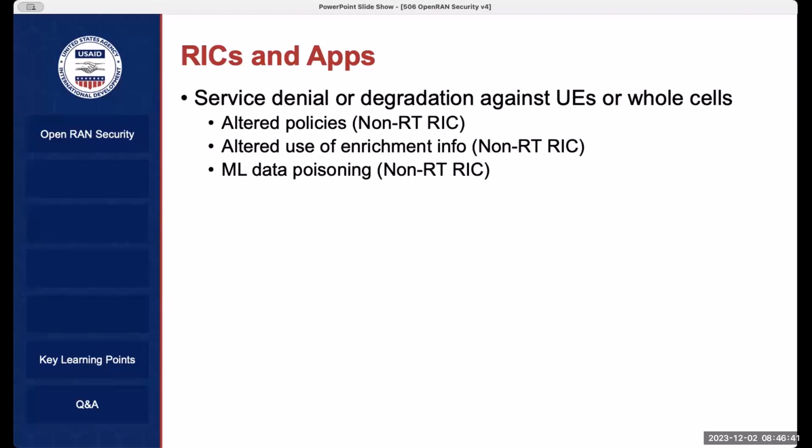And of course, what Google would be sensing was there's a lot of users on Google Maps pretending to be a car that is slowly moving on specific streets. So even though there are no actual cars on the street, Google is detecting that this street has a lot of cars, quote unquote, and they are moving slowly. So it concluded that there is traffic going on that street, when in fact it's just a user trying to manipulate the data being fed to the cloud. That might be something like altering of enrichment info, or even machine learning data poisoning.